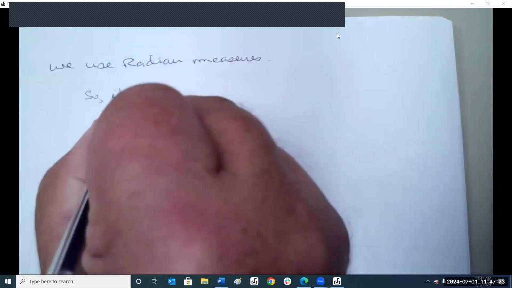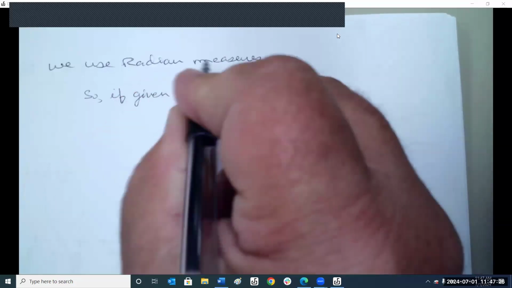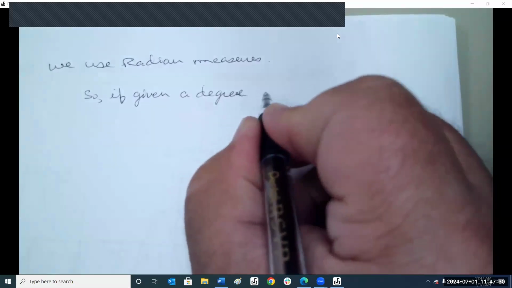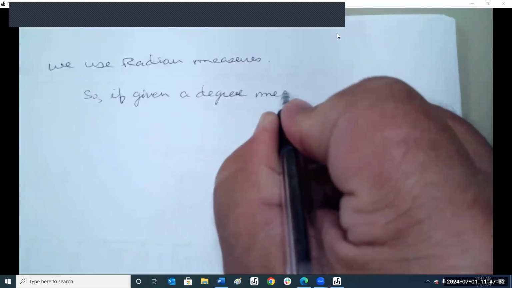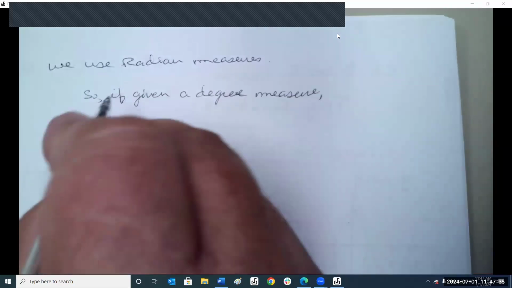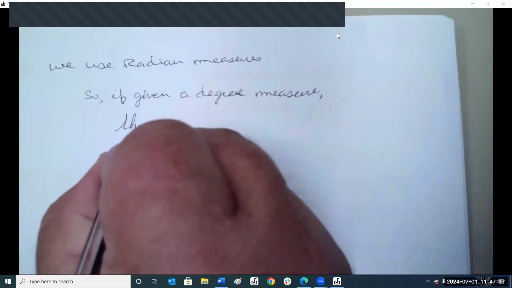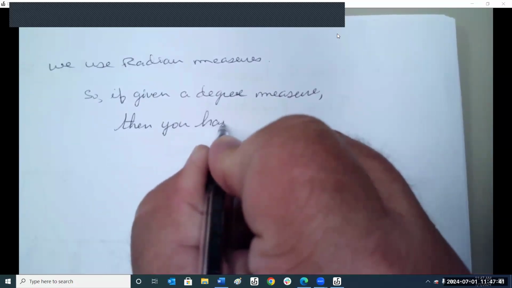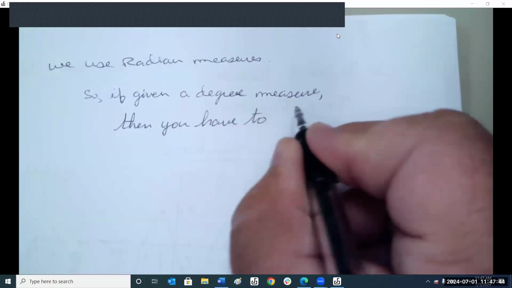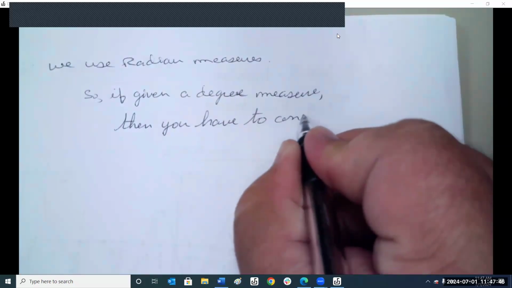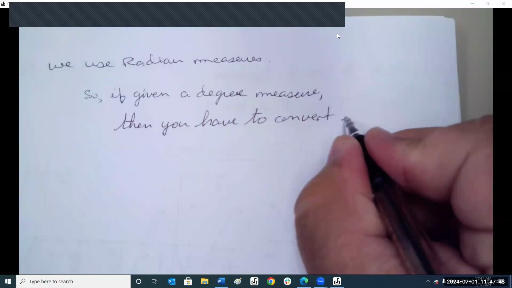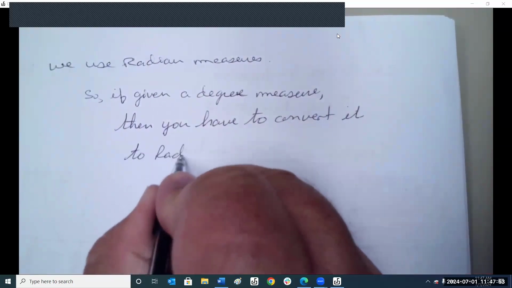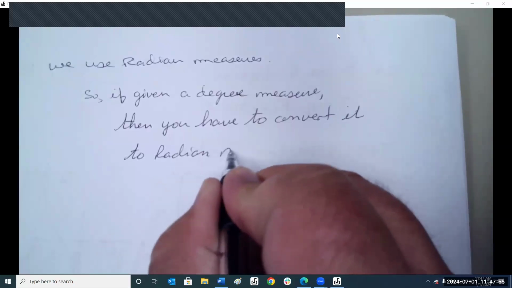So if given a degree measure, then you have to convert it to radian measure.